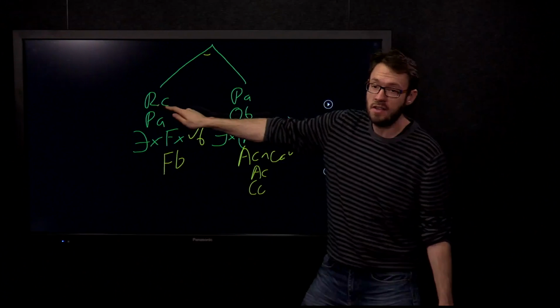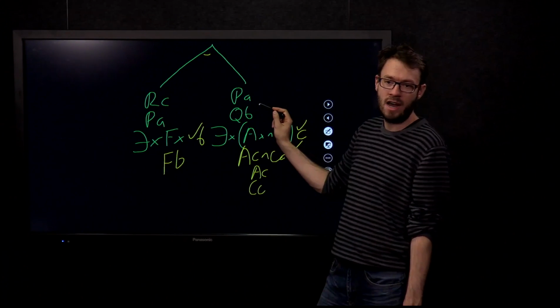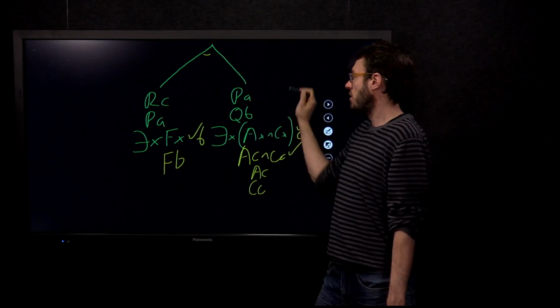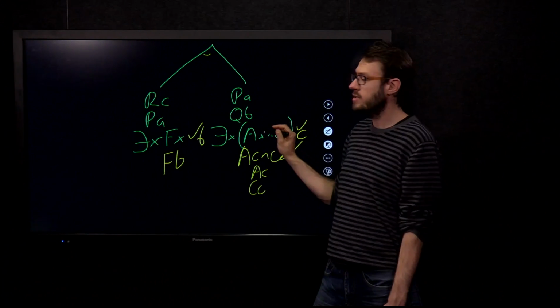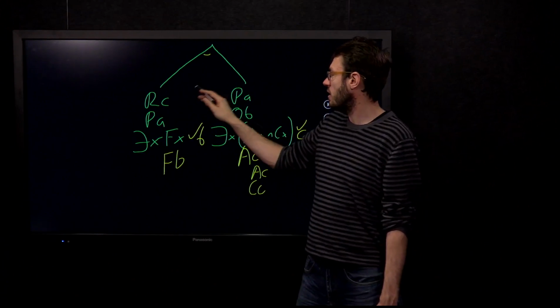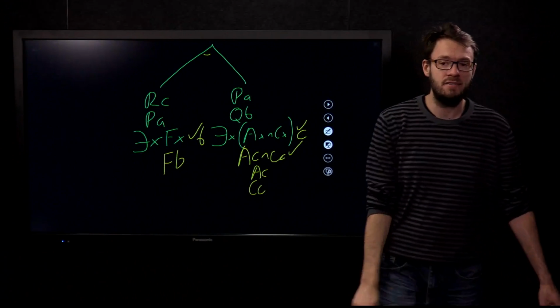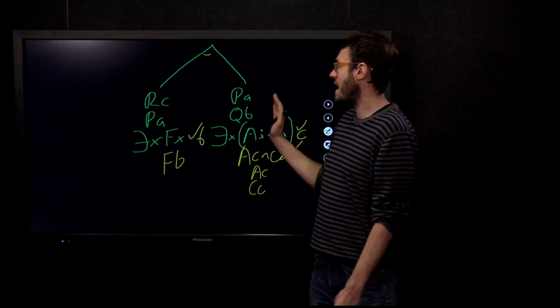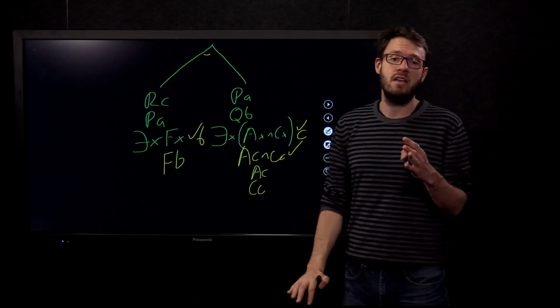Now C appears on this left-hand branch, but it doesn't appear on this right-hand branch. So because it doesn't appear on this right-hand branch, it's okay for me to use it. And similarly, B appears on this right-hand branch, but it doesn't appear on this left-hand branch.